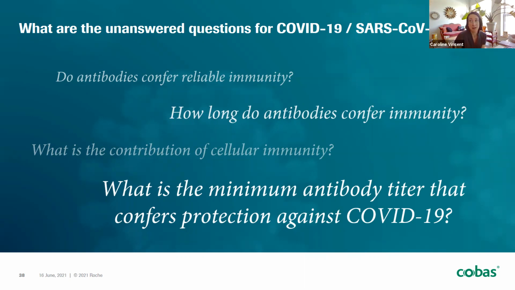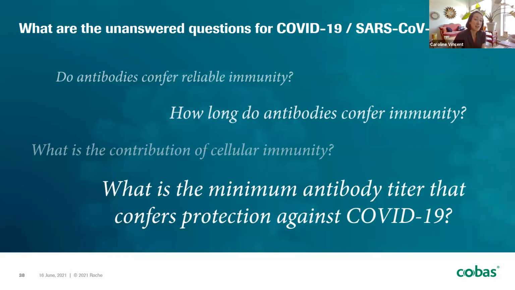It's still unclear at this point what the contribution of cellular immunity is. We talk a lot about the humoral or antibody levels, because this is easier to measure. Cellular immunity is a bit harder to measure, but there are ongoing investigations on that aspect of immunity as well.